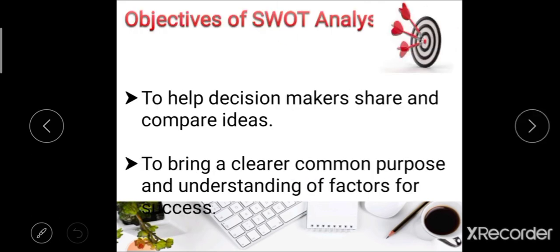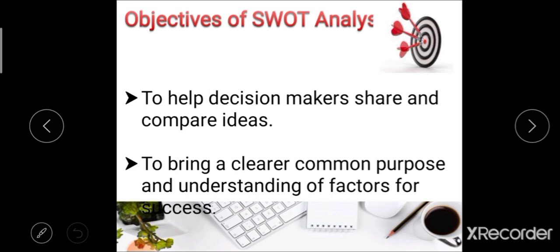Okay, after this complete explanation of the four factors of SWOT analysis, next is the objectives of SWOT analysis. The first objective is to help decision makers share and compare ideas.